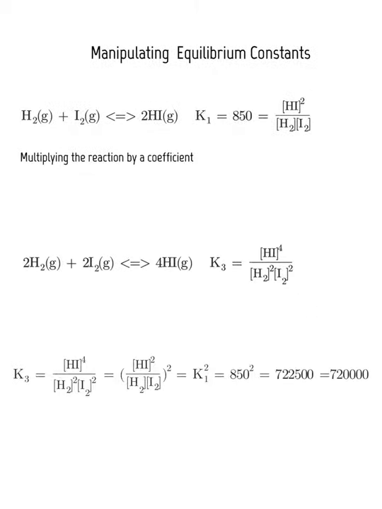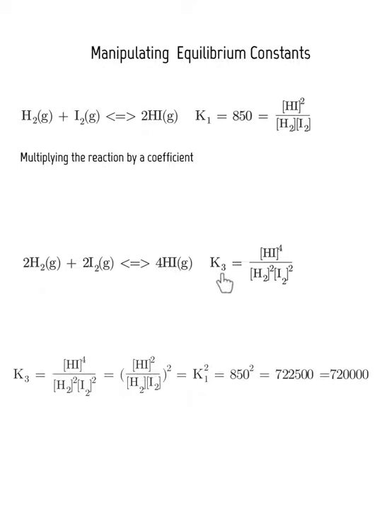Now we're going to see the effect of multiplying the reaction by a coefficient. The coefficient that we're multiplying this reaction by in this case is 2. Notice now we multiplied the reactants by 2 as well as the product, so everything has been multiplied by 2.